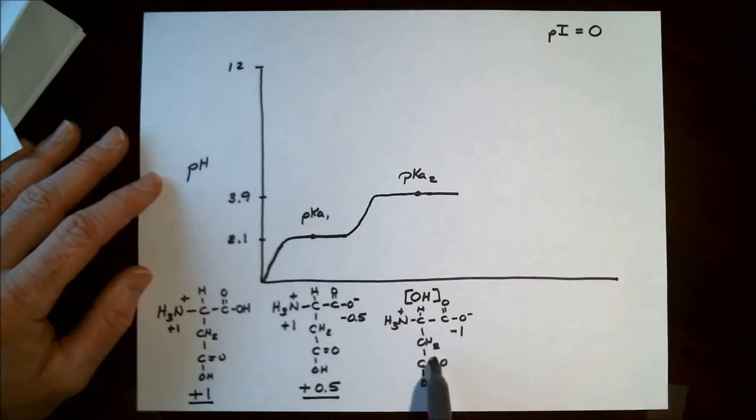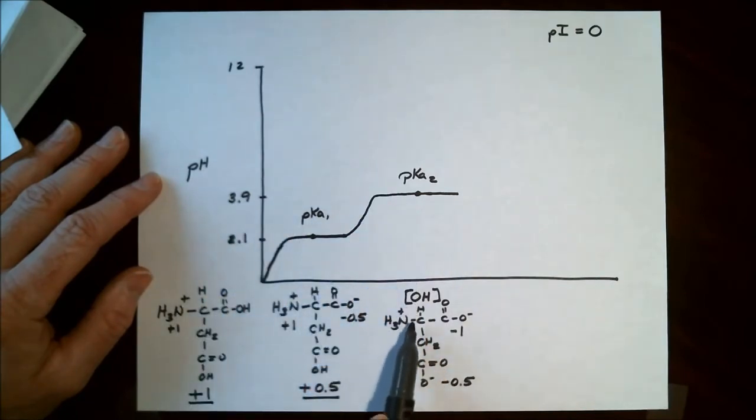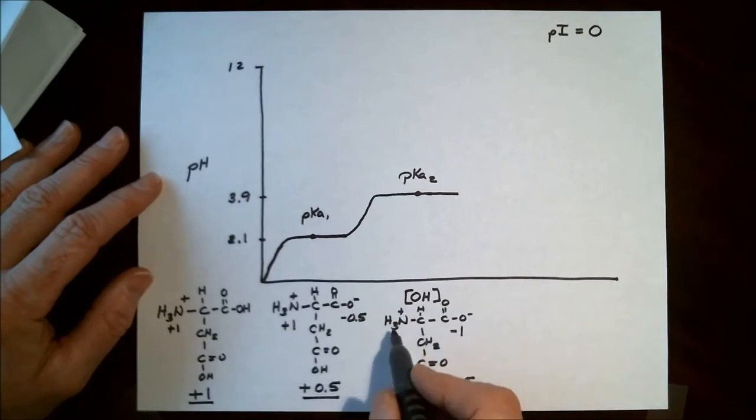The R chain carboxylic acid is now at pKa2, and so this is 50% deprotonated, which means of all the molecules in solution, 50% will be deprotonated and contribute a -0.5 charge. Now, because we are still under very acidic conditions, the primary amine here attached to the alpha carbon will remain protonated and contribute a +1 charge.